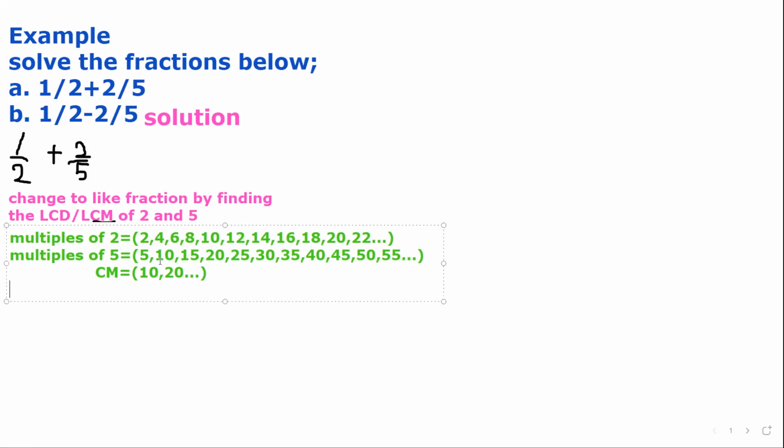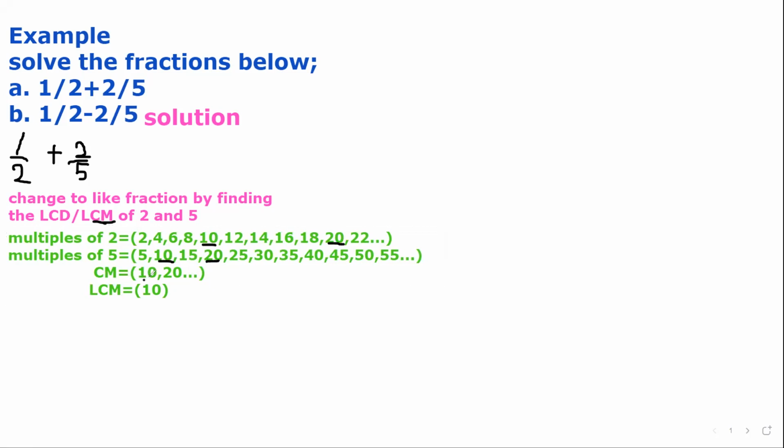Then within the common multiples, you list the lowest in the common multiples, which is the LCD or the LCM. And that one too is 10. The lowest number in the common multiples is 10.